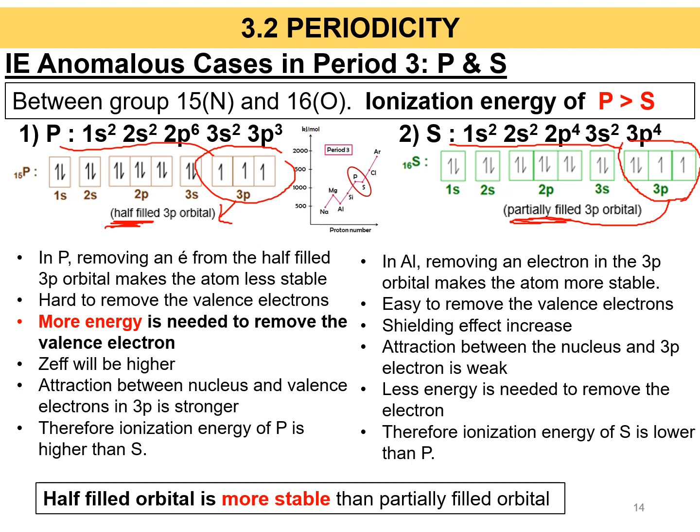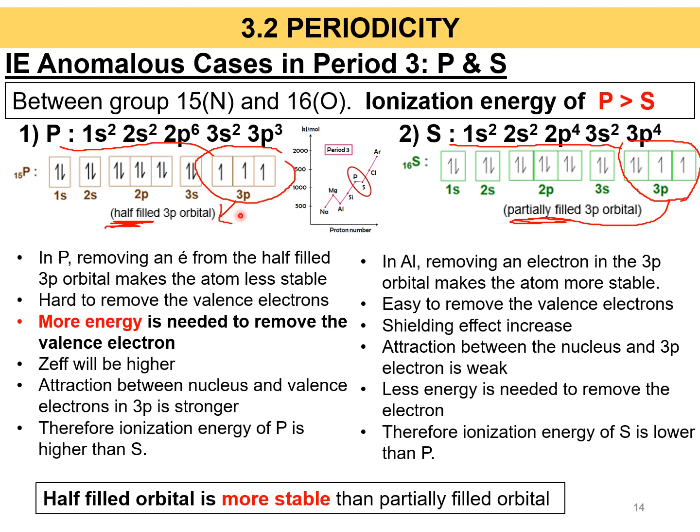Okay, since you know that half filled orbital is more stable than partially filled orbital, therefore susah kamu nak remove electrons dekat 3p orbital in phosphorus. Sebab kenapa? Sebab dah stable, half filled orbital ni is more stable.